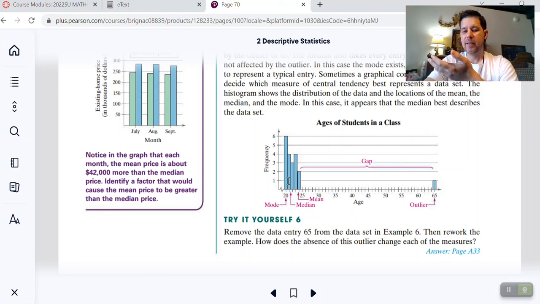But with several students that are 21, 22, 23, 24, 25 years old, I wouldn't say that the mode represents a typical entry, okay? And also with the mean, I wouldn't say that represents a typical entry either, because look, it's skewed over here to the right.